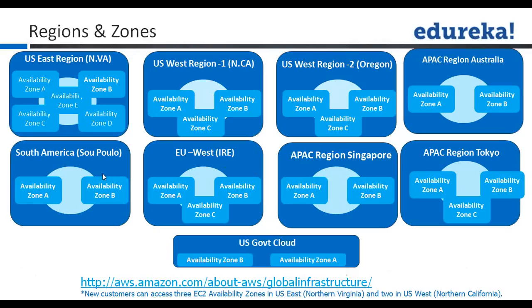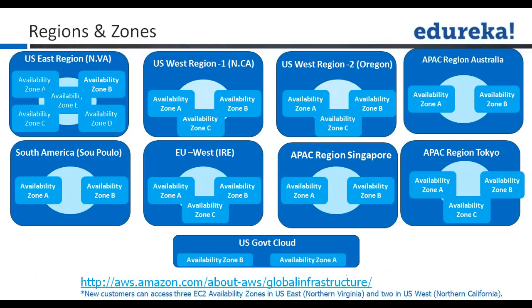Now these regions would have more than one data center. They are called availability zones, and availability zones are virtually separated data centers from Amazon. Virtually separated means they would have separate electric power, separate network service providers, and separate physical servers.